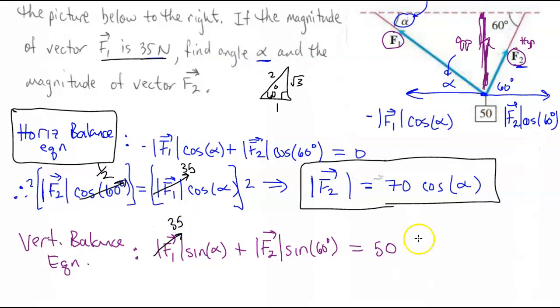We also know that our magnitude of force F2 is actually 70 cosine of alpha. And we know from here that sine of 60 degrees is going to be square root of 3 over 2. So from that, we could simplify this equation a little bit more.